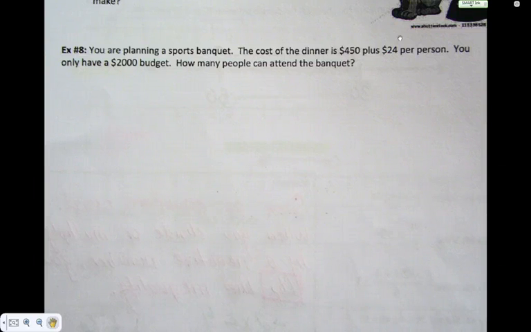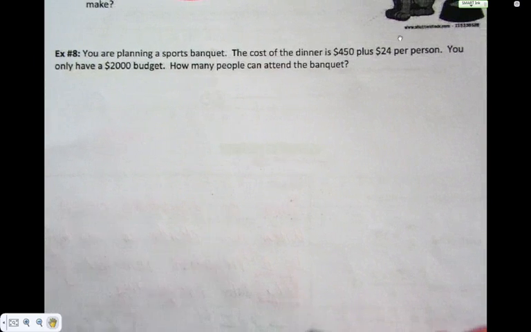What's number 8 about? What's it about? Sports banquet. Okay, let's pick out the nitty-gritty. What do we really need to know?